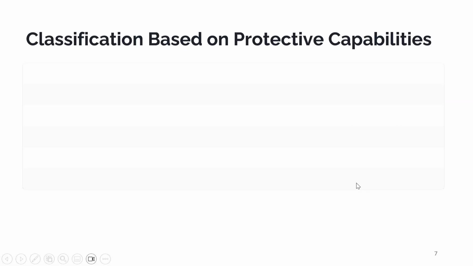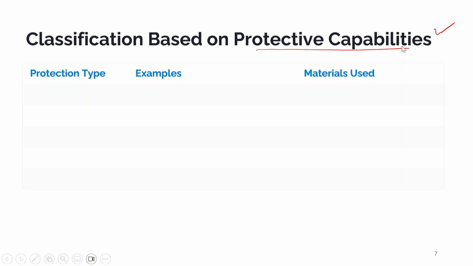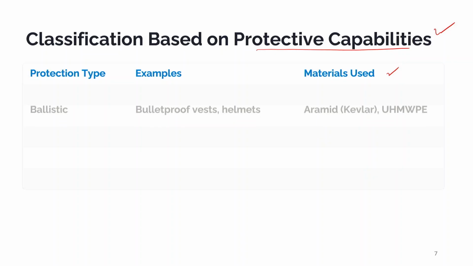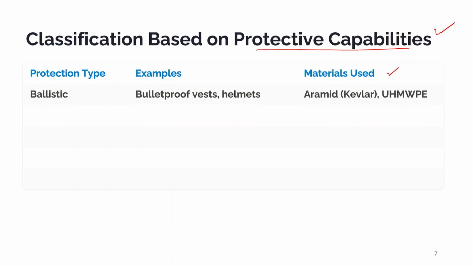So, we can classify these materials based on their protective capabilities. Let us see the capability of protection types, with an example and the materials used. Ballistic is a type of protection we need.